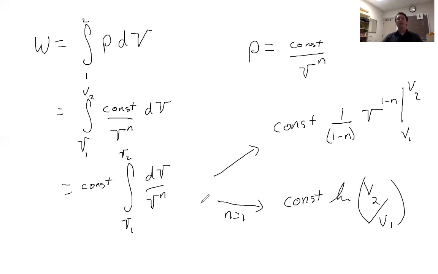So for n not equal to 1, you can use this formula. For n equal to 1, you can use this formula. All right, so that's how you do the calculus part. The rest of it is just arithmetic.